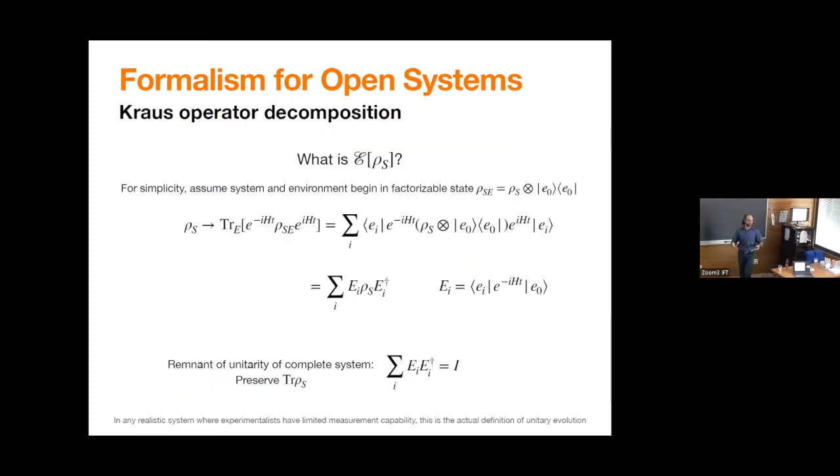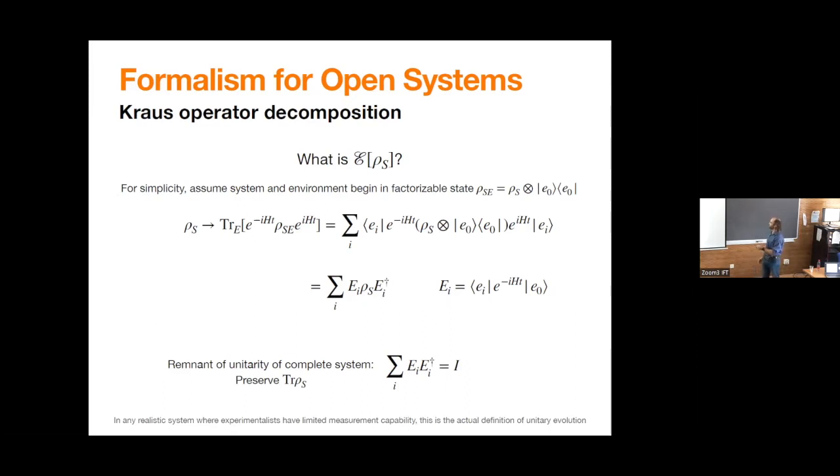So then what is this E? What is this operation? I won't focus on the details here, but the basic idea is when I trace out over the basis states for whatever my environment is, and use the full evolution of the system plus environment to do the unitary evolution part, when I trace out over the environment, I'm left with a set of operators E_i acting only on my system of interest.